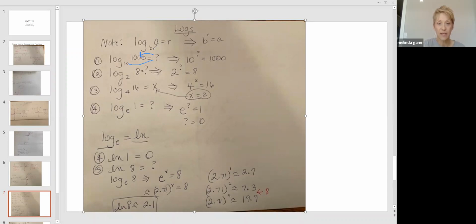See, it's saying this thing raised to that power equals this. All right. So what do you have to raise 10 to get 1,000? Isn't that a cube, like a 3? So because this answer's 3, that means this answer's 3. So the log of 1,000 with the base of 10 is a 3.